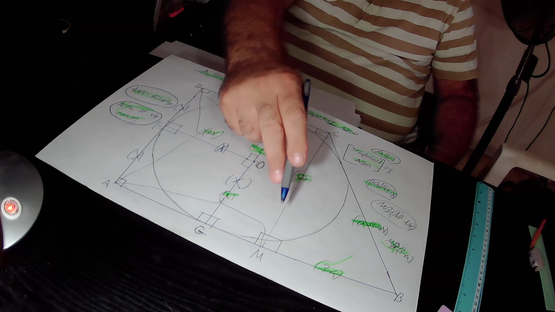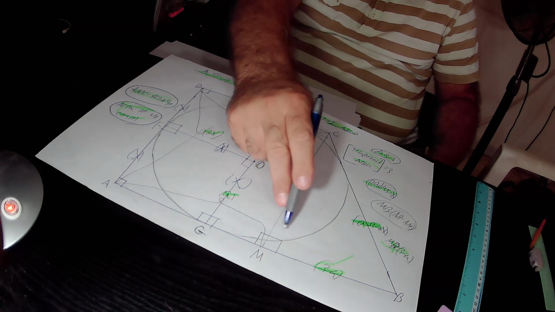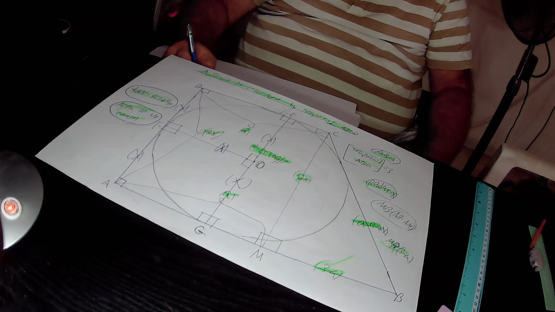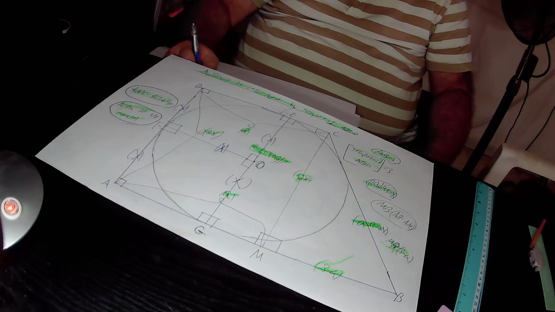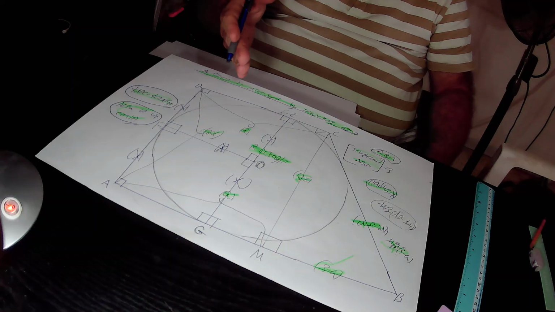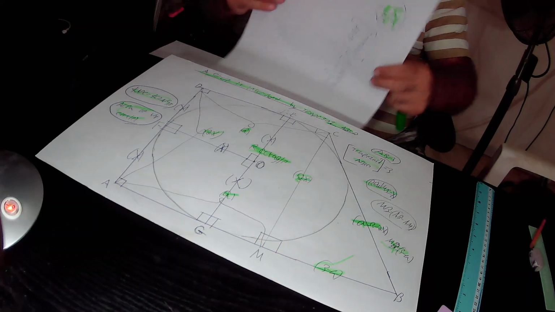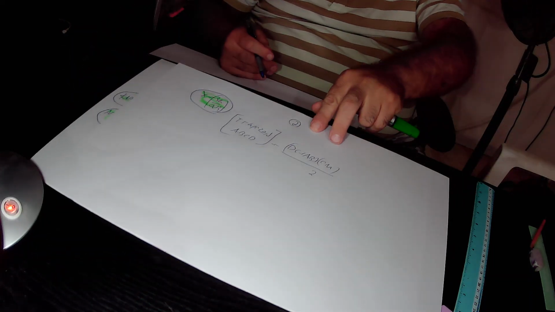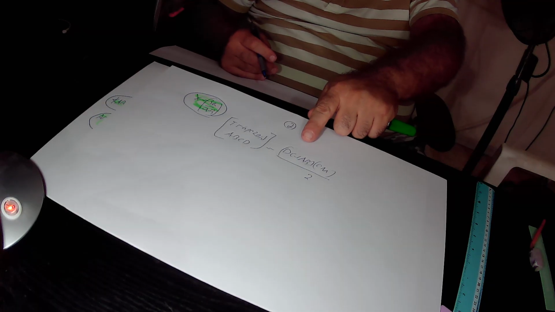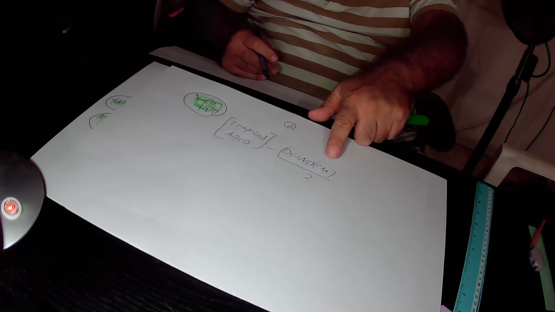The height is CM because it's at 90 degrees with the two parallel bases, so it is the height CM over 2. So in total, we found out that the area of this trapezoid ABCD equals the sum of its two parallel bases, DC plus AB, times the height CM over 2.